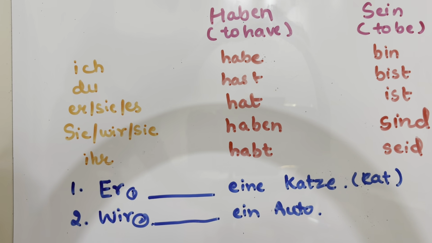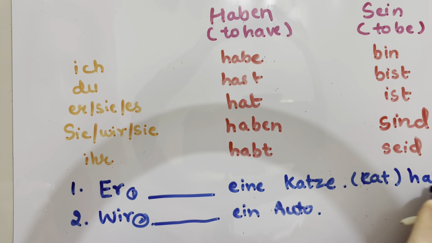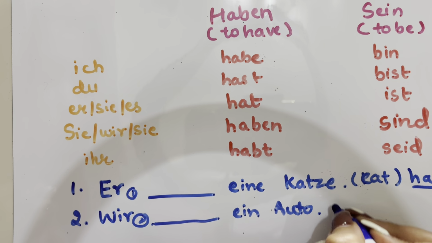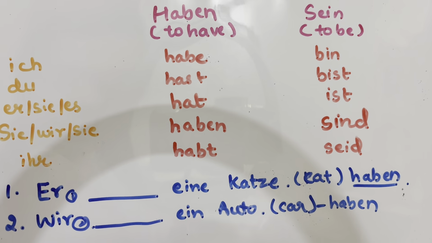You just need to conjugate it. Haben. So you need to conjugate haben. And the second sentence is wir dash ein Auto. Auto means car. And the verb that you need to conjugate here is again haben.